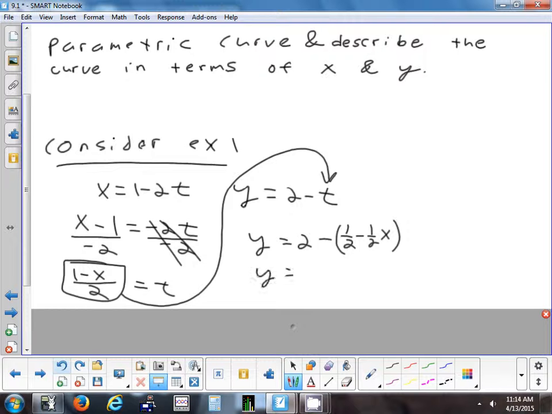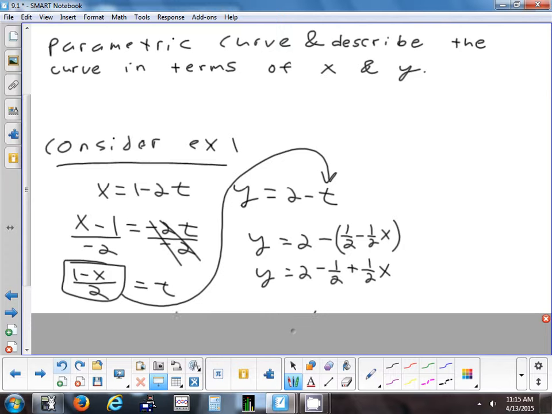So now y equals 2 minus 1/2 plus 1/2 x. And our last step, just rewrite it in y equals mx plus b. So it's 1/2 x. 2 take away 1/2 is 1.5. So it's y equals 1/2 x plus 1.5.